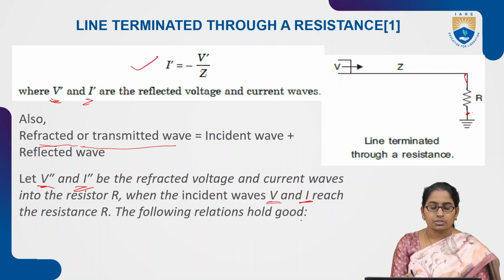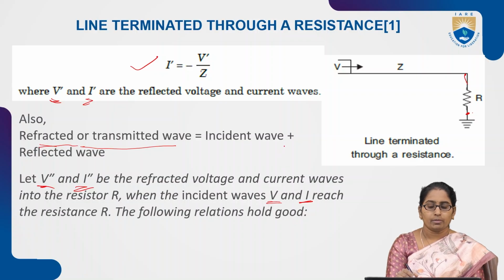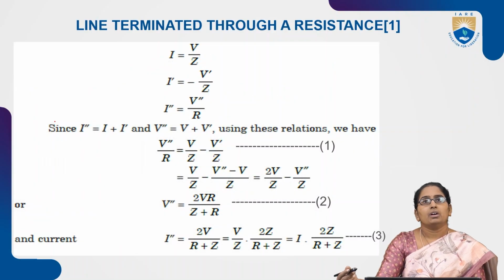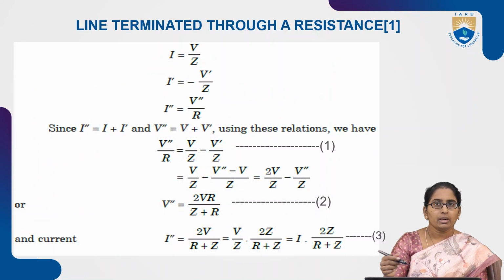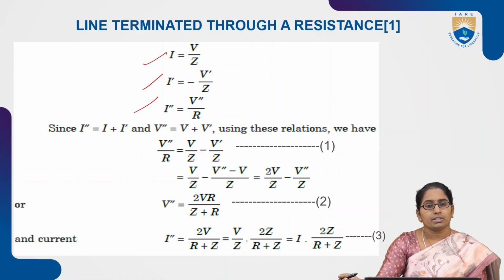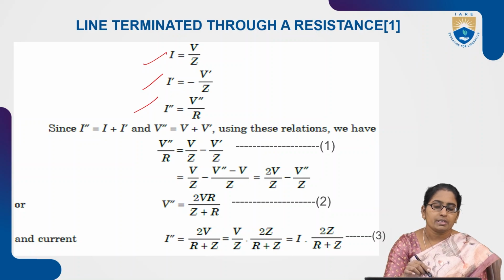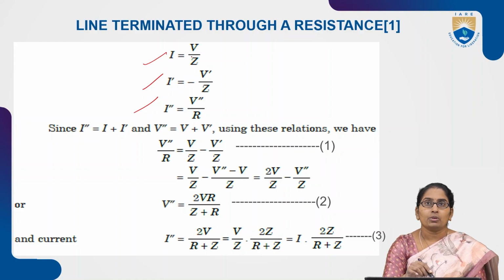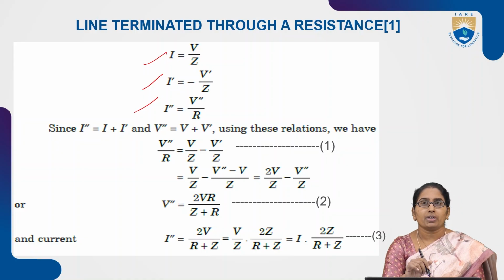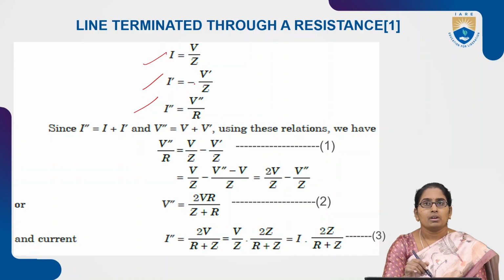Now, the following relations are drawn from this idea. The three relations are the current equations in terms of voltage and impedance, or resistance. We know that for the incident wave, I is equal to V by Z, and for the reflected wave, I dash is equal to minus V dash by Z, because either the voltage or current wave is reflected back with negative sign.